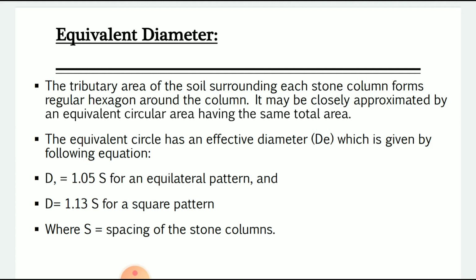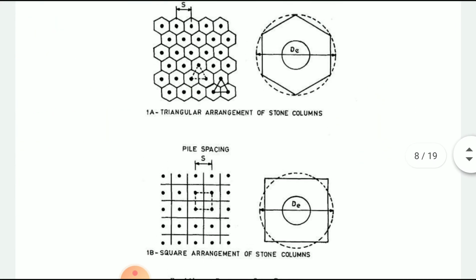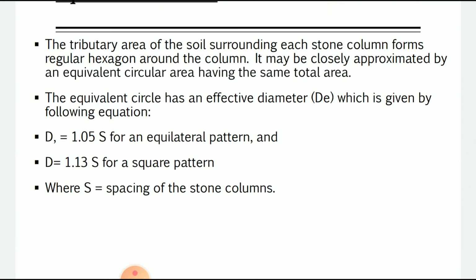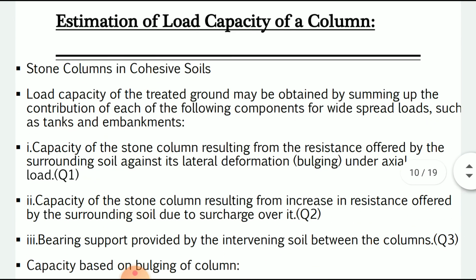The equivalent circle has an effective diameter, that's why it is called d suffix e. It is given by the following equations: d_e is equal to 1.05 S for the triangular pattern and d_e is equal to 1.13 S for the square pattern, where S is the spacing of the stone column.